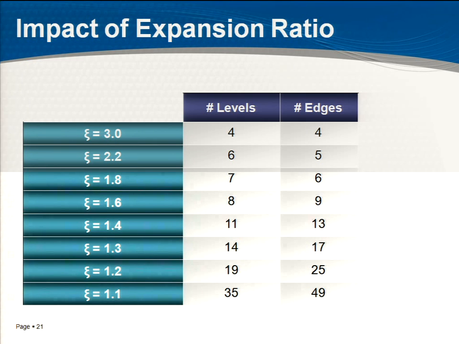If we make it larger, it's represented more coarsely. If the expansion ratio becomes smaller, then as you can see, the number of levels increases and the number of edges increases again. For precision, a smaller expansion ratio is always good, but the computation time will be slower.